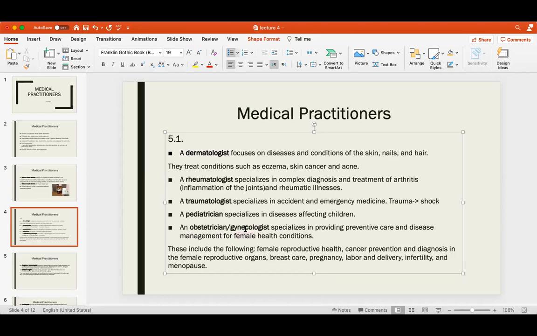We said that the root gyno means what? Woman or female. So a gynecologist means a doctor who is specialized in the female health conditions.